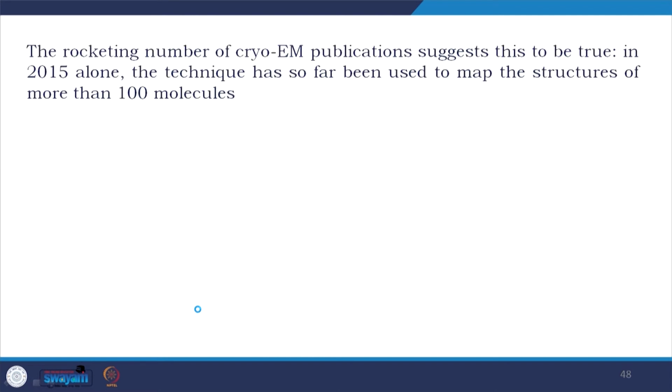The rocketing number of cryo-EM publications suggests this to be true. In 2015 alone, the technique has so far been used to map the structure of more than 100 molecules, but in 2018 it even surpassed the number of structural entries in a single year that NMR has achieved. So, that is a significant one.